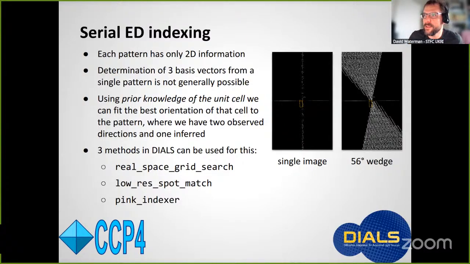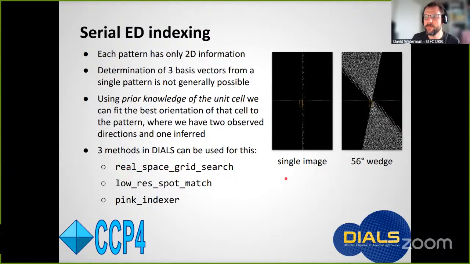The big problem is the fact that we only have 2D information on each pattern, and that was mentioned before. But if we have prior knowledge of the unit cell, the problem becomes just fitting the best orientation of that cell to the pattern. So it reduces the degrees of freedom. And there are 3 methods in DIALS that we can use for this.